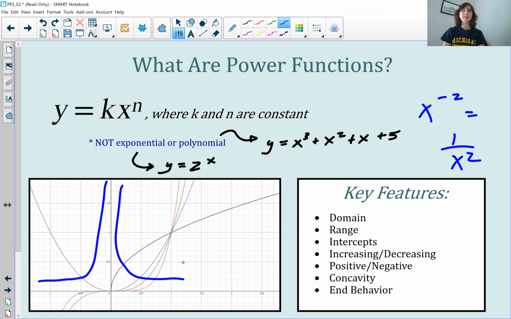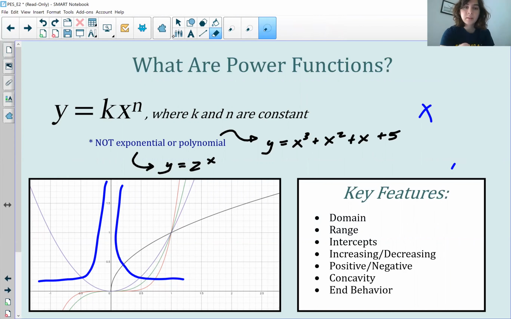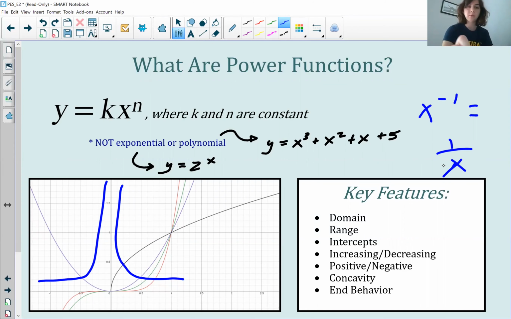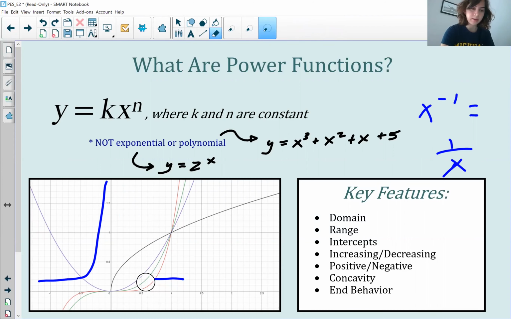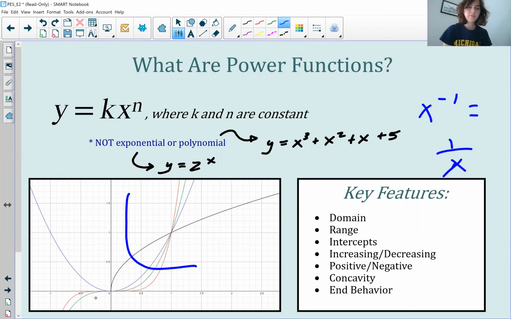If n is a negative odd number, so if we had, let me erase this, x to the negative 1, that equals 1 over x. And that has symmetry about the origin. So I can also show you that here. If I draw it on the graph, it kind of looks like that. And you're familiar with that from Math 3.